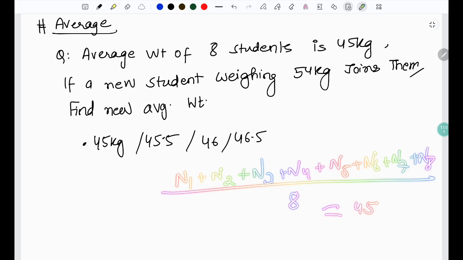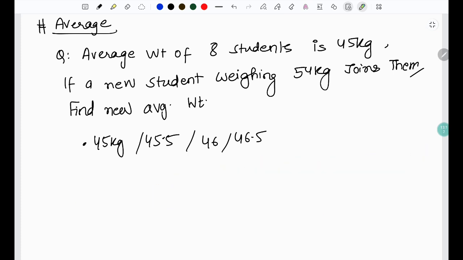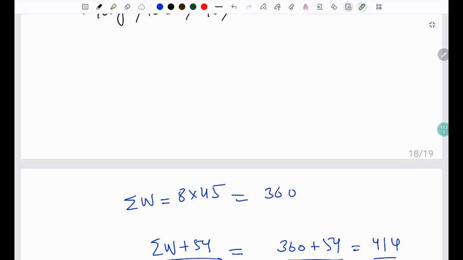Now another student joined, let his name be N9, and when we average N1 plus ... plus N9 by 9, that is the new average the question is asking, and N9's weight is simply 54. This is a simpler question.